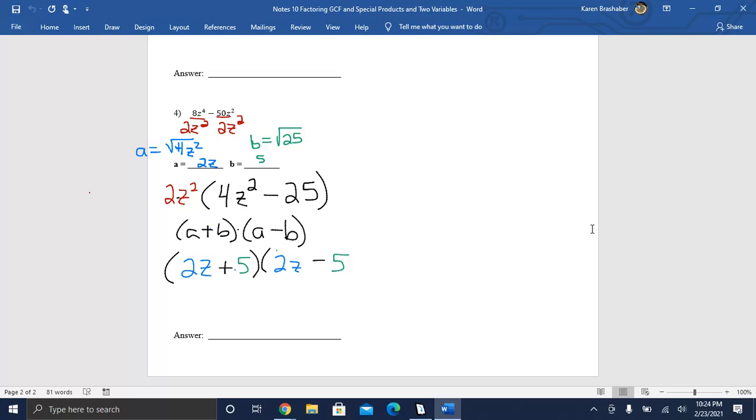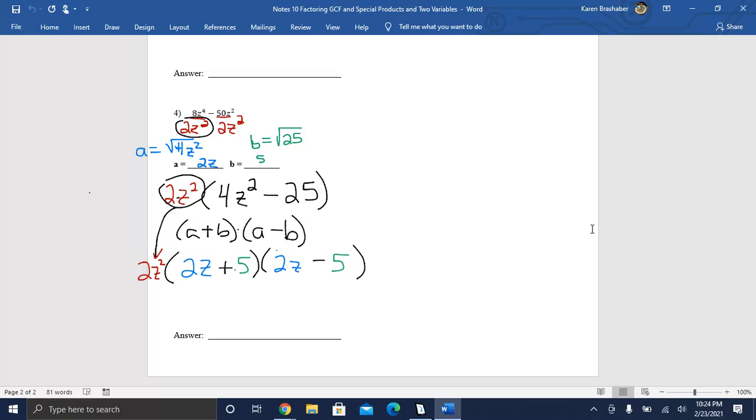Now, I want to remember that at the beginning of the problem, I divided out a 2z squared. So I need to remember to draw an arrow or something so that I remember to put that in with my answer.